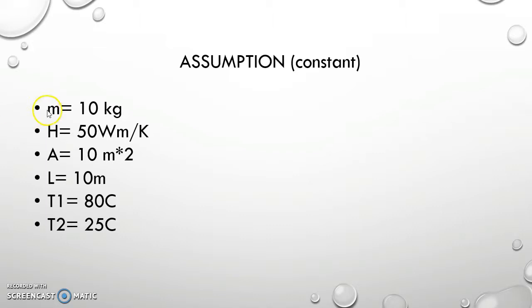First, the mass equal to 10 kilograms, h equal to 5 watt per meter Kelvin, area equal to 10 meter square, length equal to 10 meters, surface temperature equal to 80 degrees Celsius, and ambient temperature equal to 25 degrees Celsius.